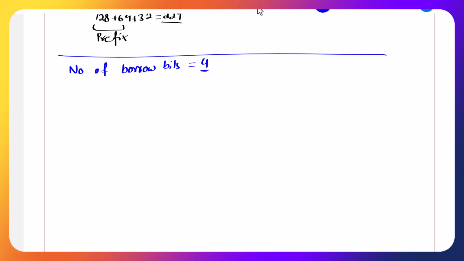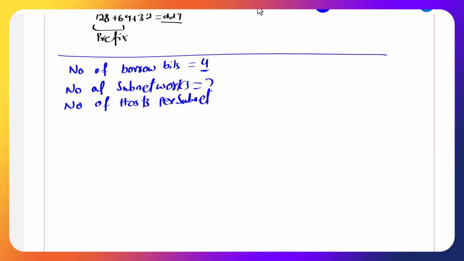So after borrowing 4 bits, let's find out the number of subnetworks, the number of hosts per subnetwork, the subnet mask, and the range of each subnet.